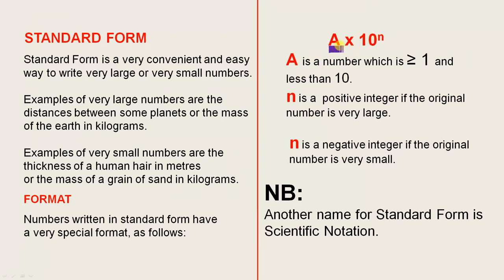Here, a is a number which is greater than or equal to 1 and less than 10. n, which is the index, or the power, or the exponent, is a positive integer if the original number is very large. n is a negative integer if the original number is very small. Here's a very important note: another name for standard form is scientific notation.